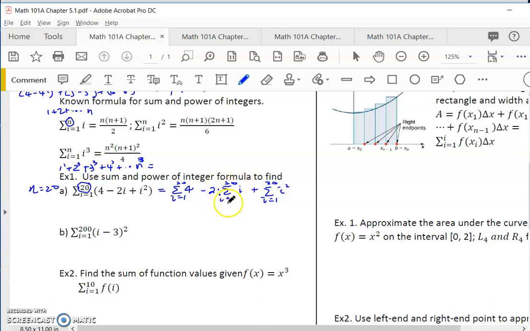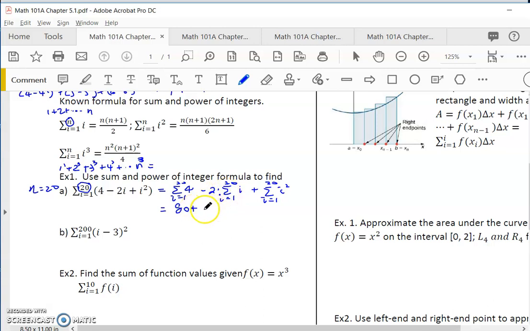So you can see that I can exactly apply this formula. Now there's nothing for the constant, that means 4 times 20. Every time I'm just adding 4, I add 20 times, so that's just 4 times 20. So it's 80.